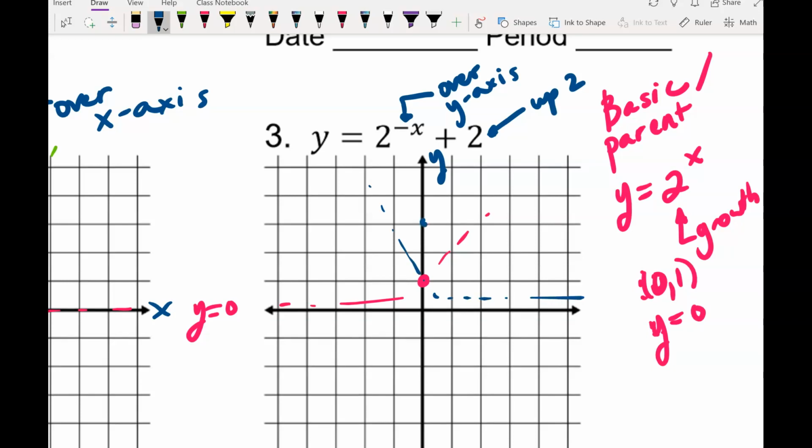So now all of these points are approaching y equals 2. So you can erase your preliminary work and make sure you have your final graph graphed. And then I can see that that asymptote, it's horizontal, which is true of all exponential equations, and that's y equals 2.